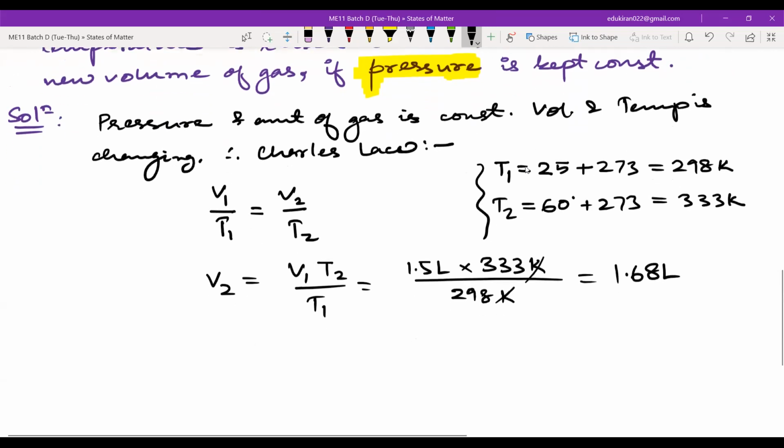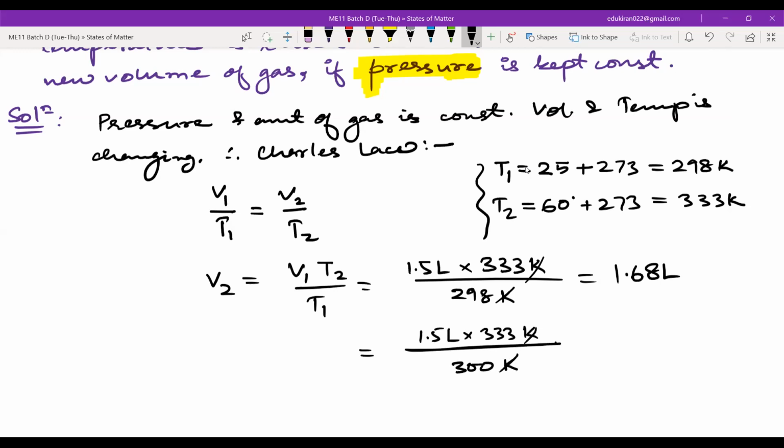If you're having some problem, you can round this off to 300. Let me just show you. If you round this off to 300, what will be the change? 1.5 liters into 333. Please don't do this in the fair copy; in the examination, do it on the rough side. 300 Kelvin.